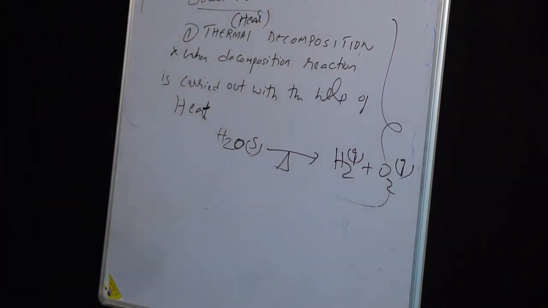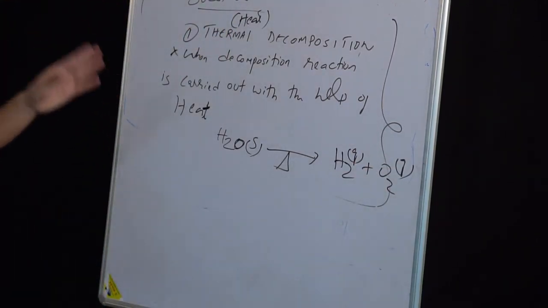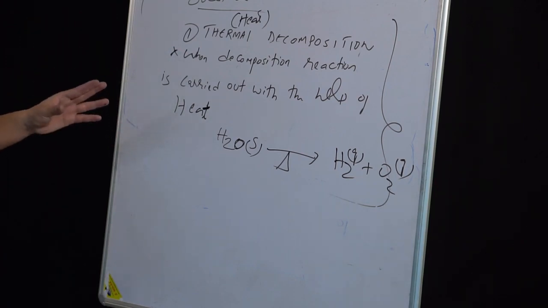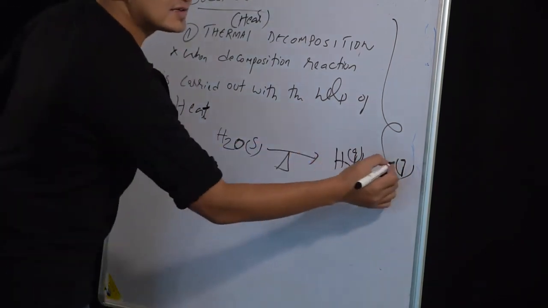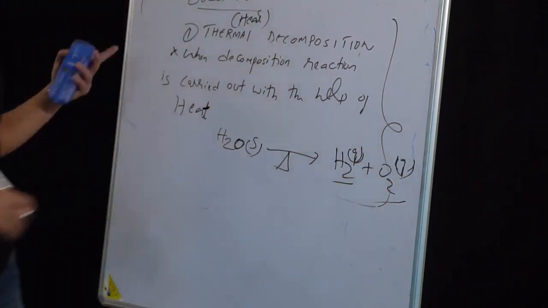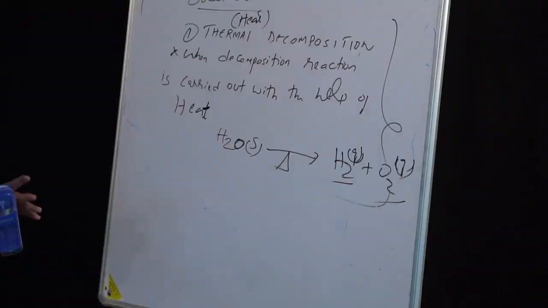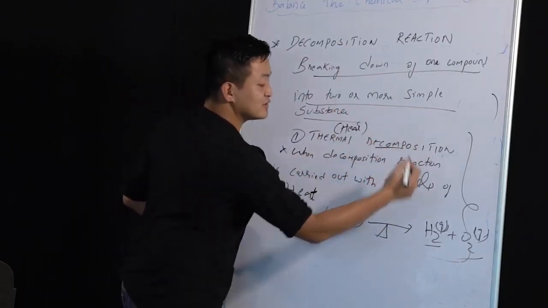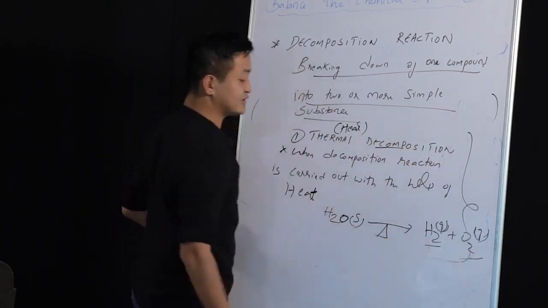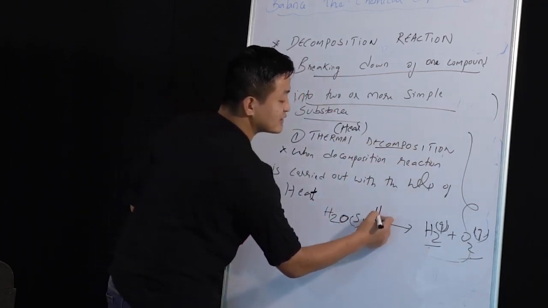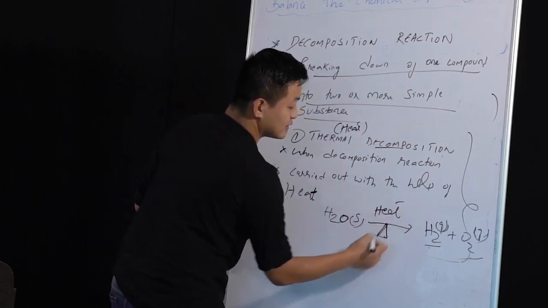Now you just imagine, if you heat the water for a long time, you'll see gases coming out. What type of gases? Hydrogen and oxygen. That means water is already breaking down. So this water has already been decomposed into hydrogen and oxygen with the help of heat. Clear?